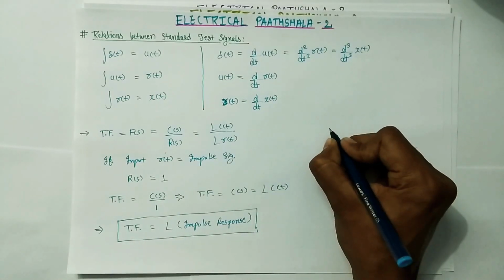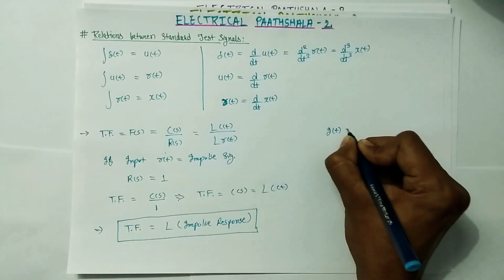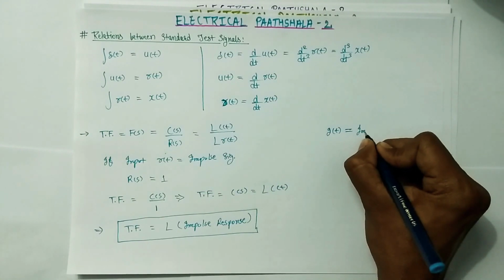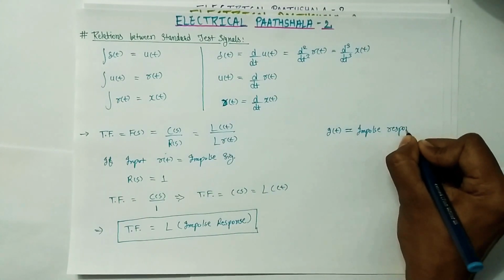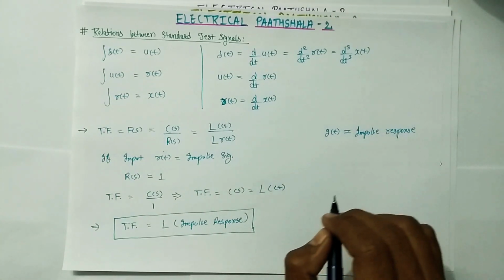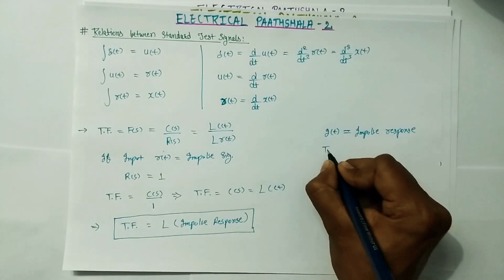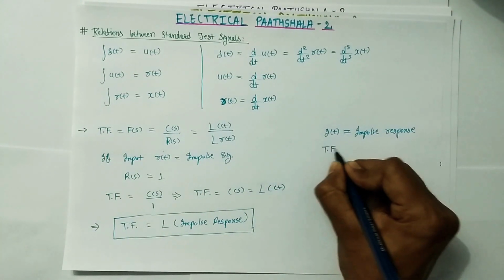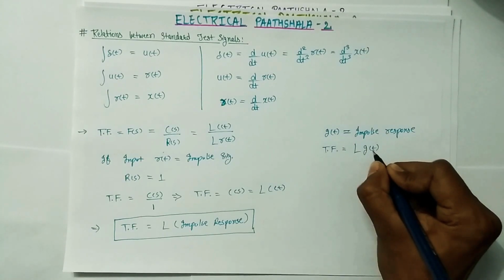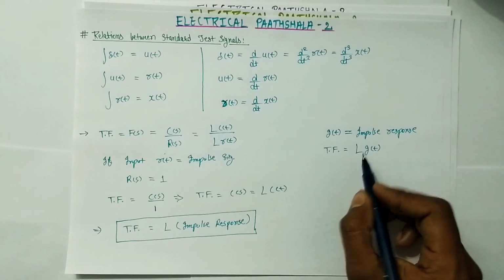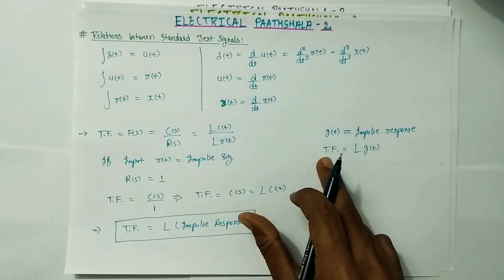For example, suppose that g(t) is the impulse response of the system. Now you know that from this formula the transfer function equals the Laplace of the impulse response. So if we take the Laplace transform of the impulse response, then we will get the transfer function.